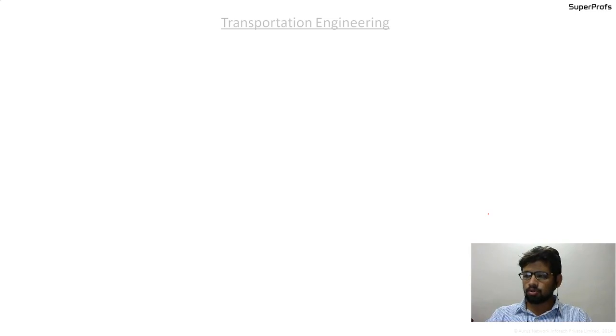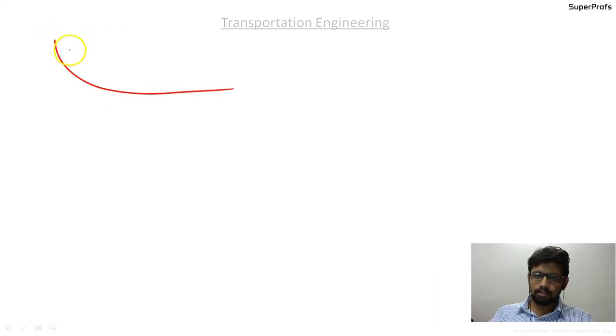So in case of the valley curves, suppose a valley curve is like this. n1 is like this, minus n1. This one is flat, so this will be n2, plus n2 equal to 0.